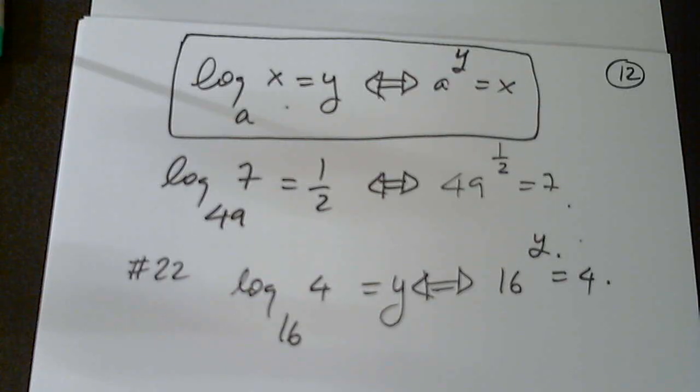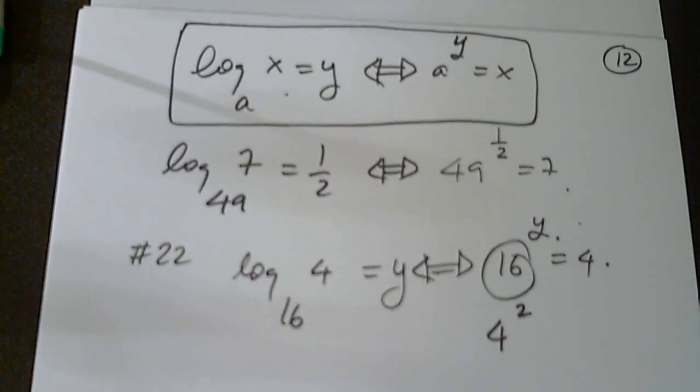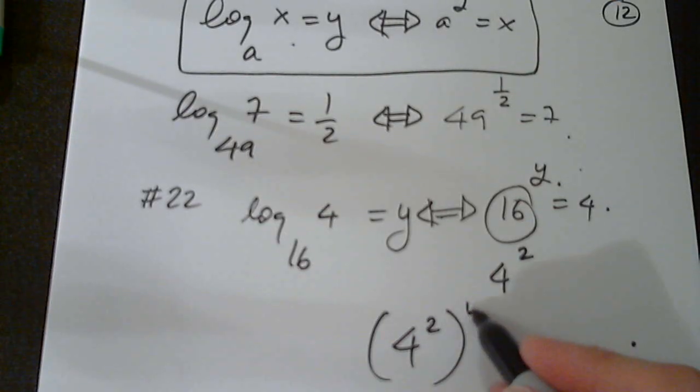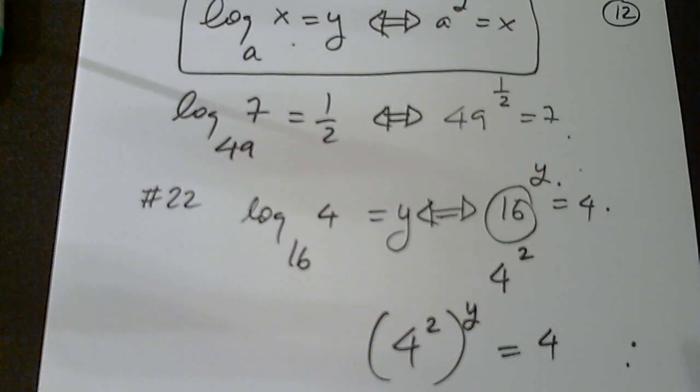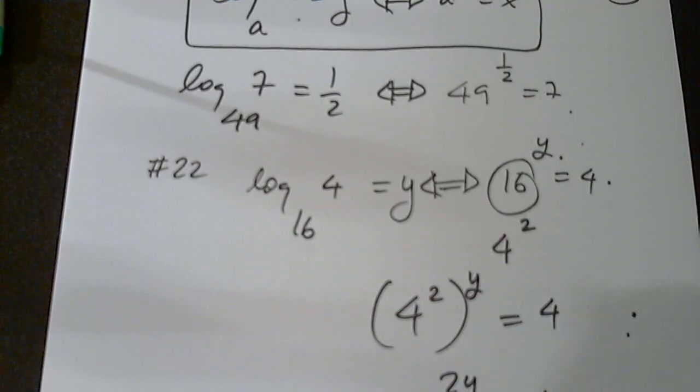How do I know? Because 16 can be presented as 4 squared. So then 4 squared raised to y equals 4. Or 4, copy the base, multiply the exponents, equals 4. And now we already know if two exponential notations with the same base are equal to each other, we know exactly what has to happen for this to work.